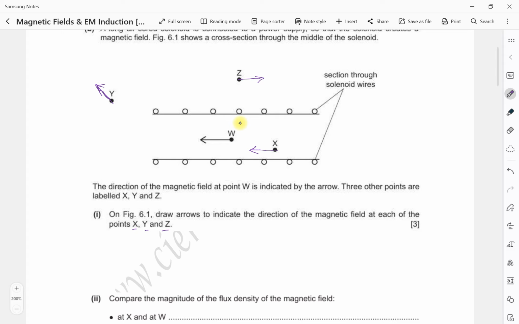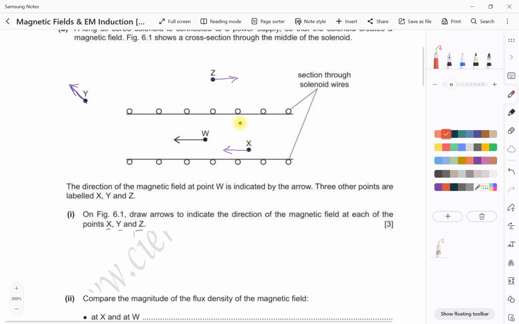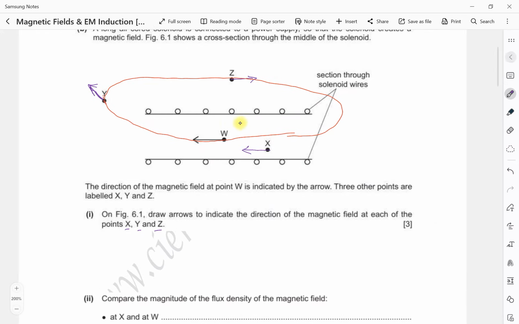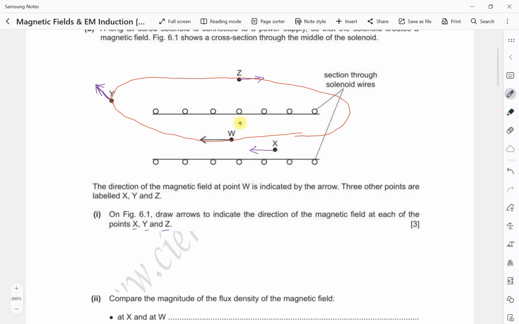So at Y, the field direction is a tangent to the curve, let me draw back the curve which I drew with a different color. So this was something like this, a continuous line. So at Y, it is just a tangent in that direction. Therefore, the arrow should be just at that angle there. As simple as that.